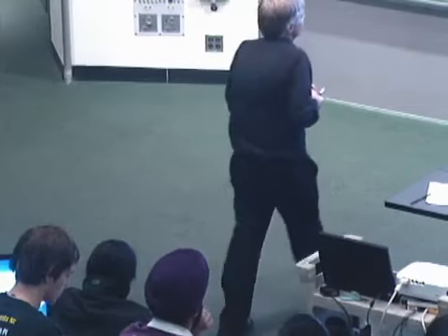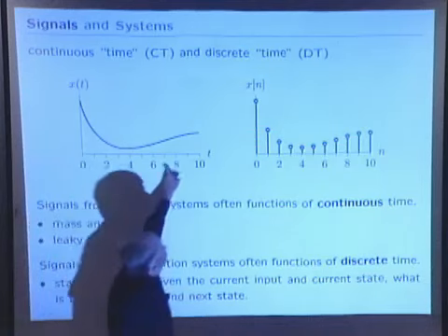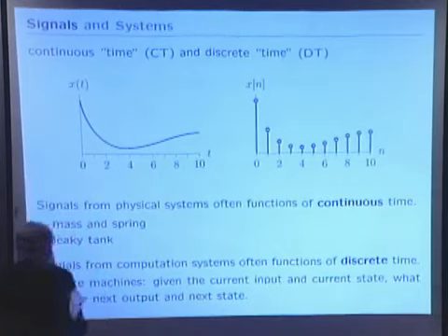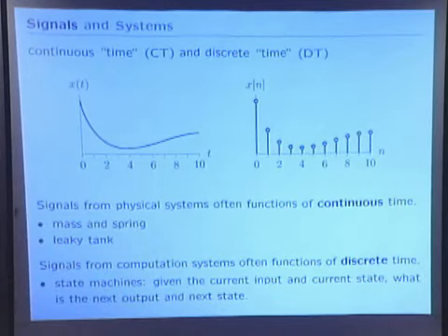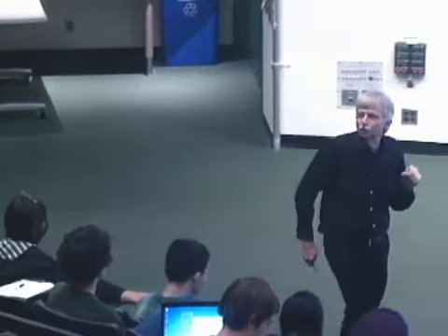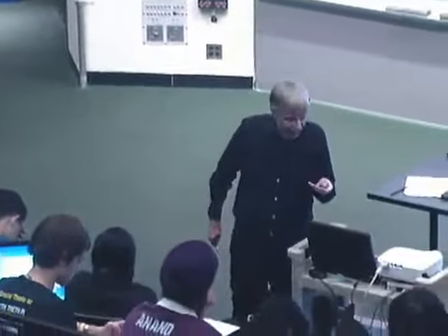So we will often be interested in how you represent a signal that naturally lives in the physical world and is therefore continuous in nature, continuous time. How do you convert it into a discrete representation so you can crunch it on a computer? And in fact, how do you go back?